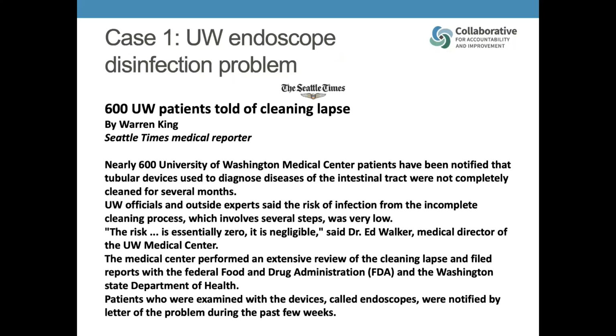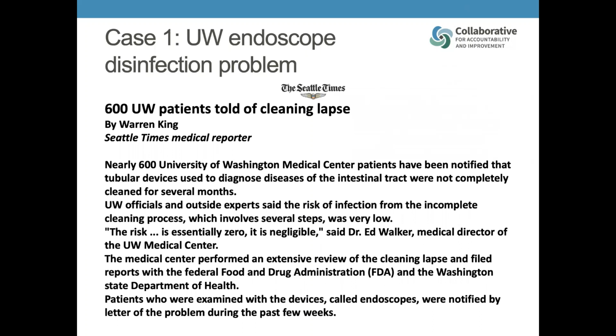This was a case that occurred at the University of Washington Medical Center. This was several years ago. And there was a breakdown in the process of cleaning endoscopes. There was a multi-step process for cleaning, and one of the steps, due to a computer programming error, was significantly shorter than it should have been.